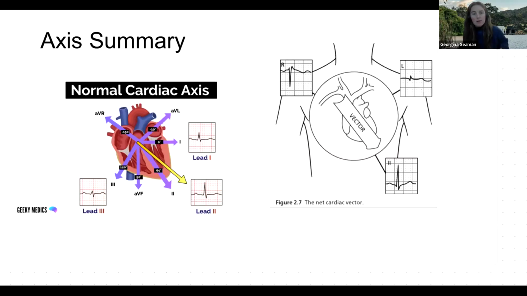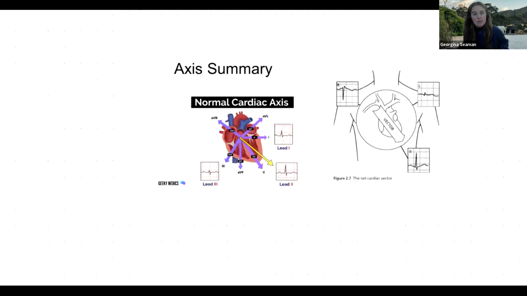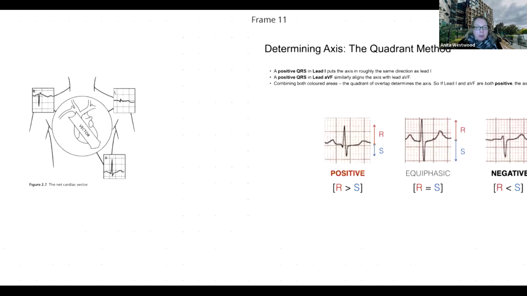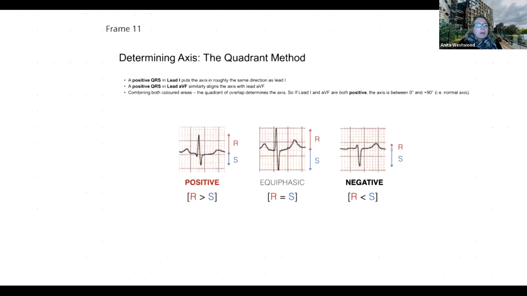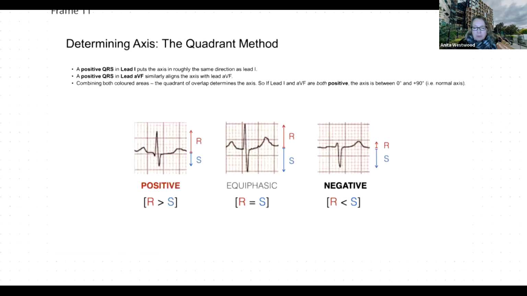I might move on straight away to left axis deviation then. And Georgie, I've just found a LifePak 15 data sheet that I can put up in the chat, and it actually gives you the frequency response. I'll put it in the chat here so people can see that it actually gives you a frequency range for that.